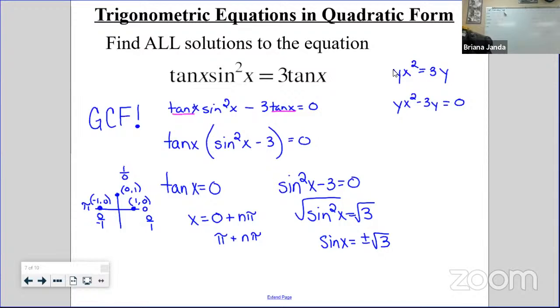Okay, now this one's a little bit tricky. Usually it's a little more obvious, like a 4 or a 2. But remember that sine and cosine actually only have a range of -1 to 1, and this is like 1.5. It does not exist on its range of -1 to 1.